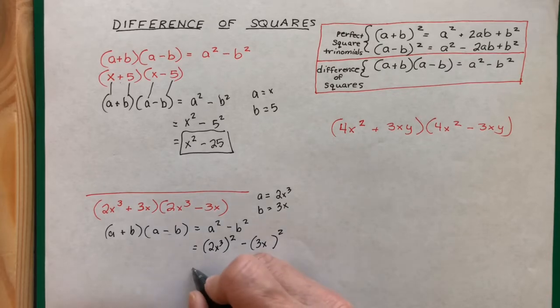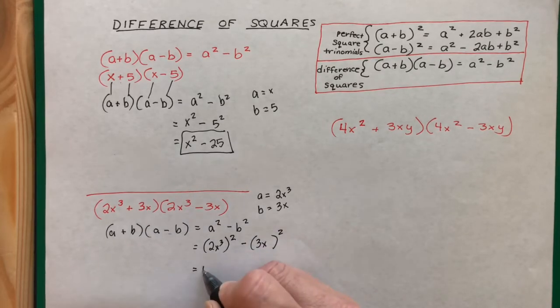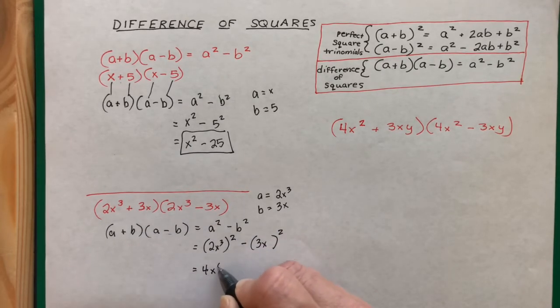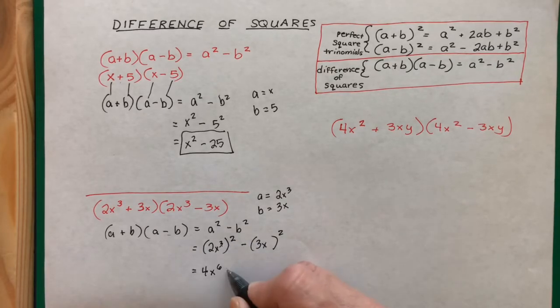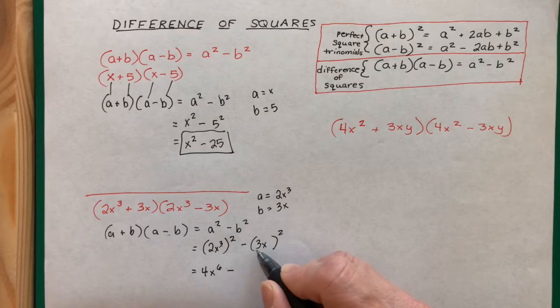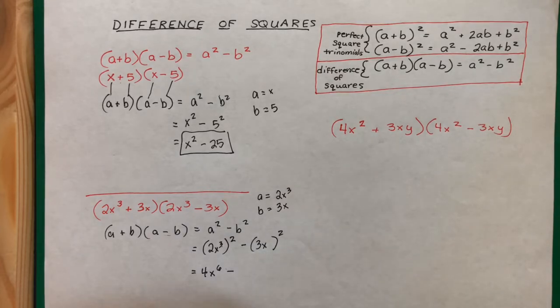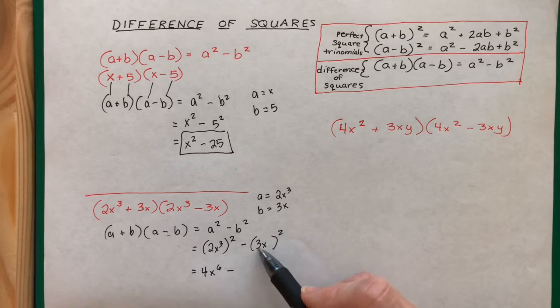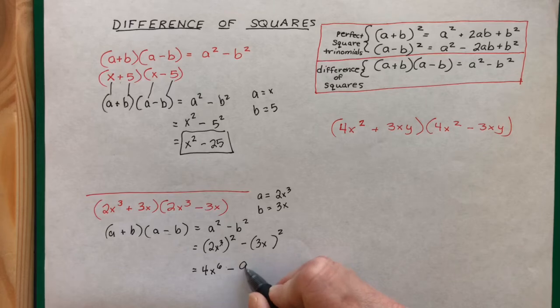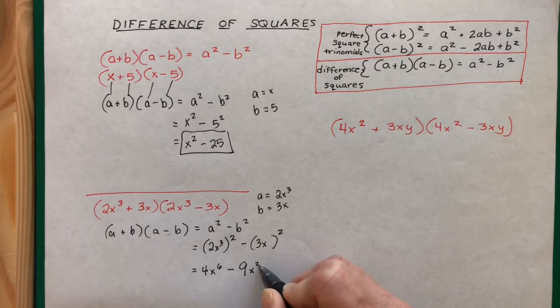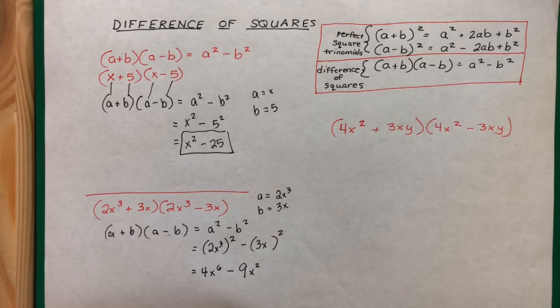Now I just simplify. 4x to the 6th. Remember, we multiply when we're raising one power to another. Minus 3 times 3. Some people get mixed up and make a careless error and say 3 plus 3. But it's squared, 3 times 3, not 3 times 2. So it's 9x squared. And that's all there is to it.